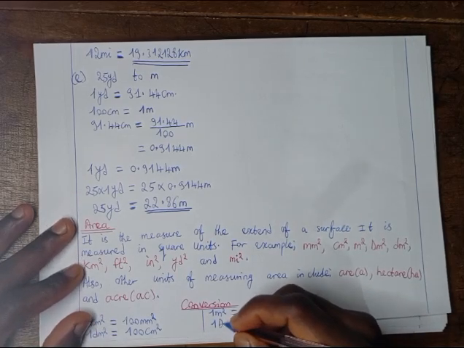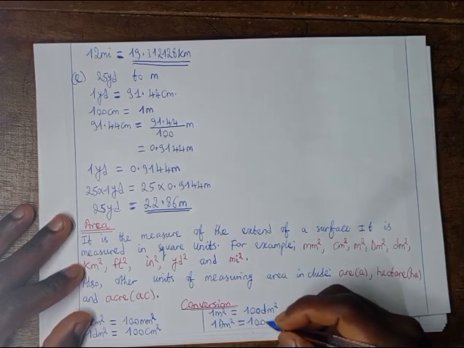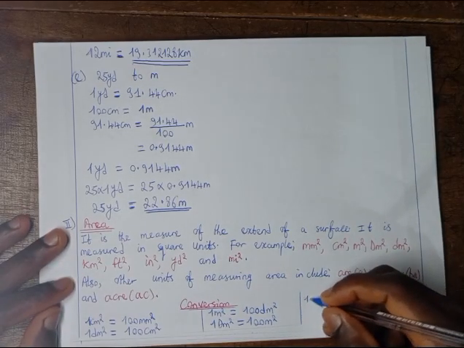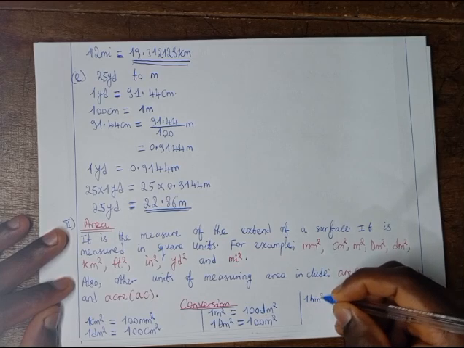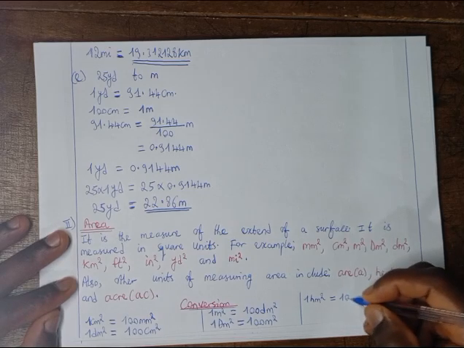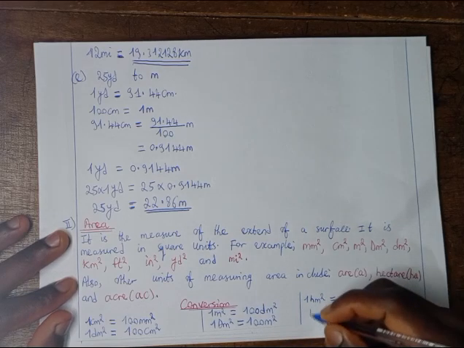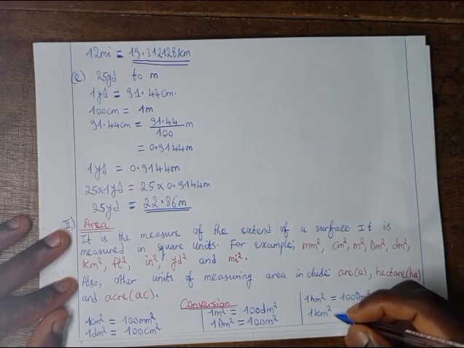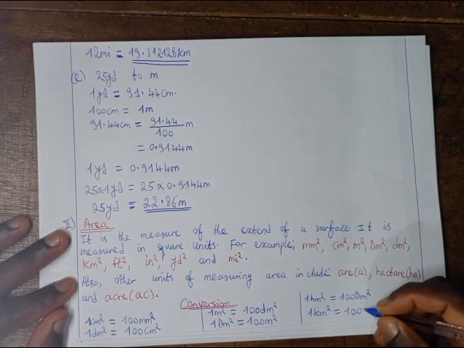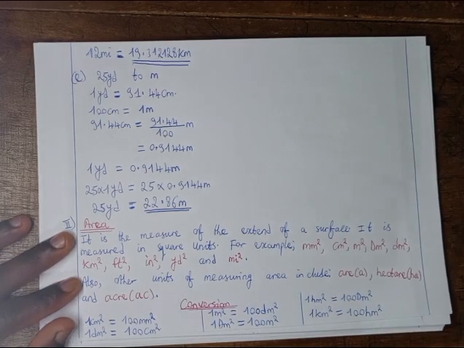We go to the next. 1 decameter squared is equal to 100 meters squared. 1 hectometer squared is equal to 100 decameter squared. Next, we have 1 kilometer squared is equal to 100 hectometers squared.